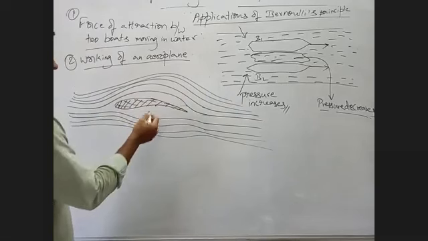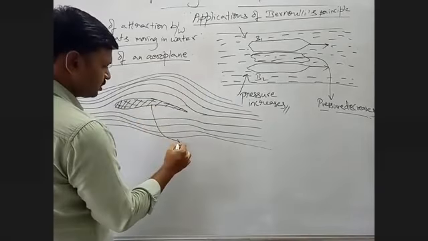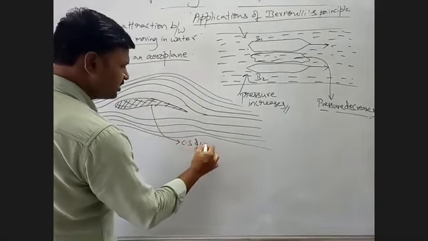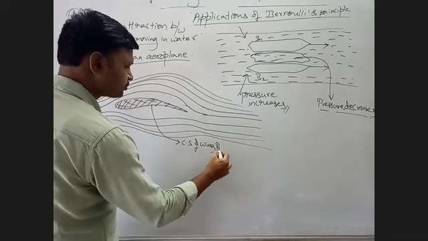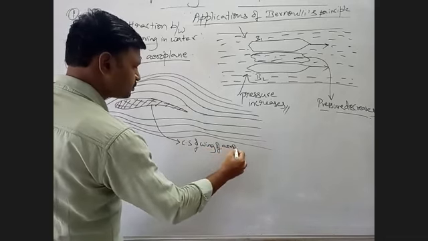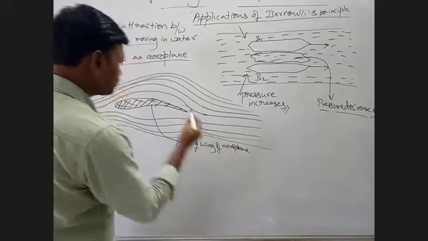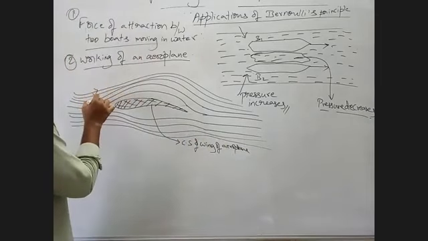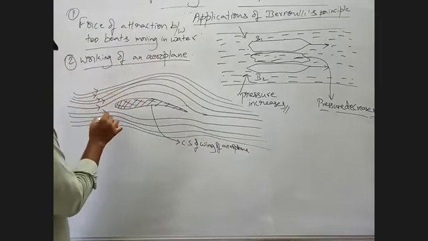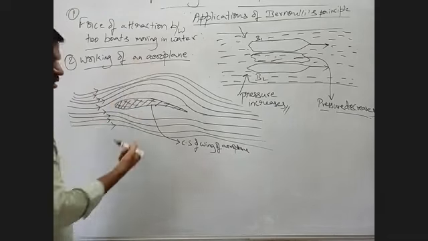Suppose this is the cross section of the wing of the airplane. This is the direction of the air, the direction of the wind, flowing above and below the wing surface.